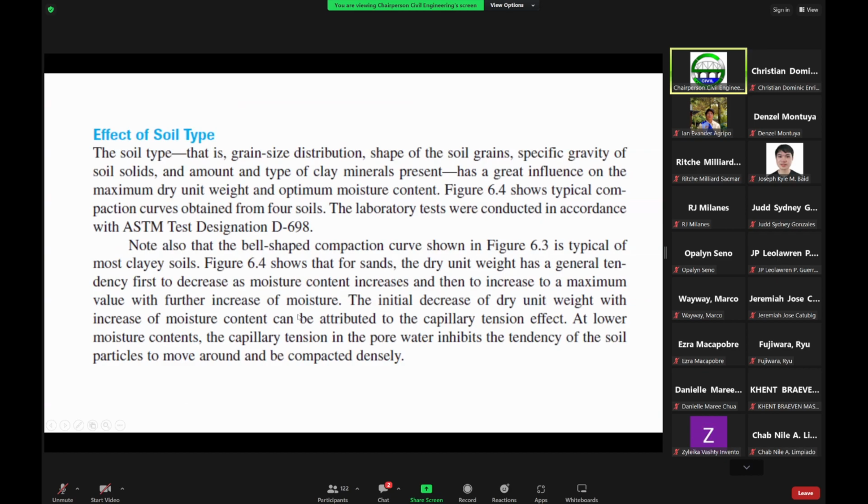Again, those plots were done according to the standard Proctor test, ASTM D698.